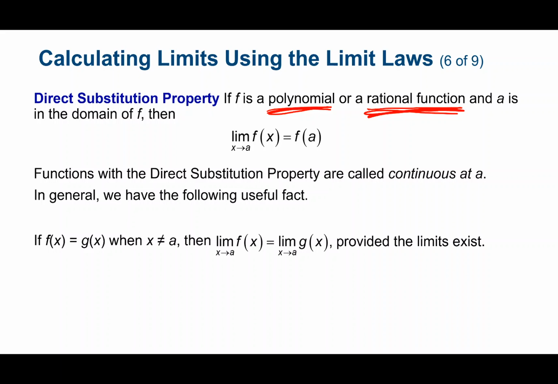Nice. And this is the result of something we're going to look at in the next section, that polynomials and rational functions have this property we call continuous or continuity.